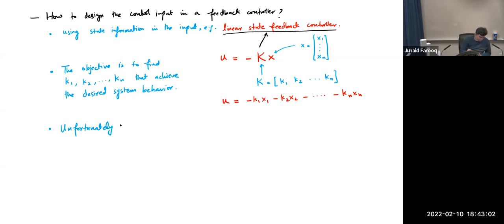Unfortunately, the primary reason for not being implementable is the fact that the state information is not available. Why?